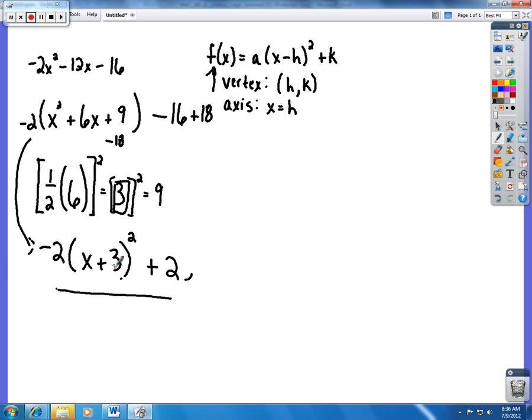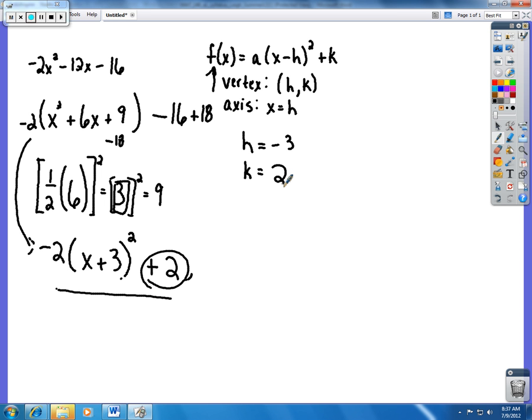If you had a negative 3, then h is positive 3. I know it's kind of counterintuitive, but that's what this negative sign does. So h for this problem is negative 3, and then k is the easy one. k is just whatever this number is out here. It's plus 2, so k is plus 2.